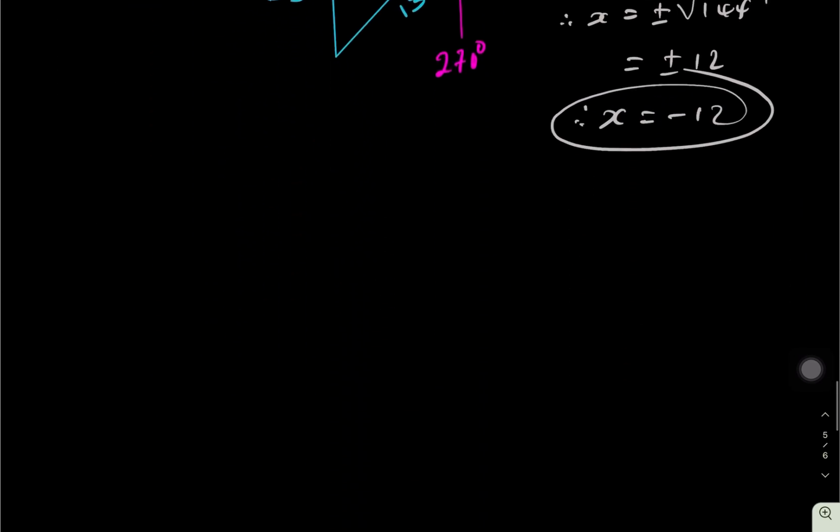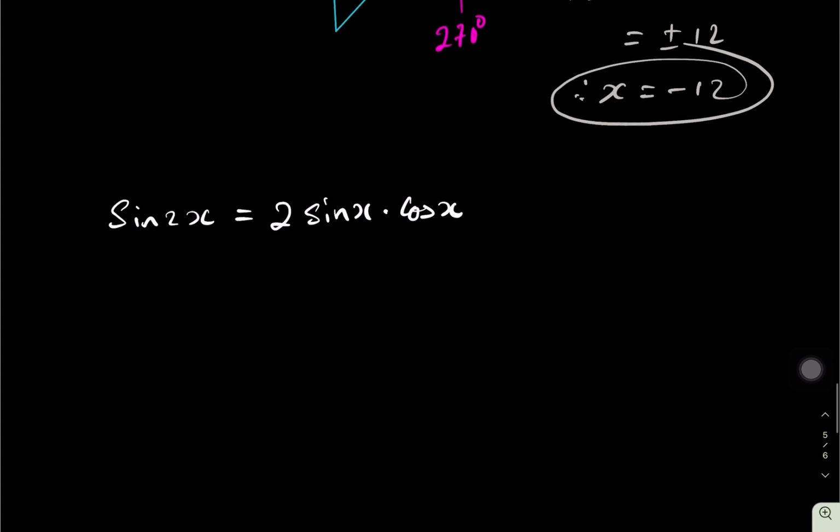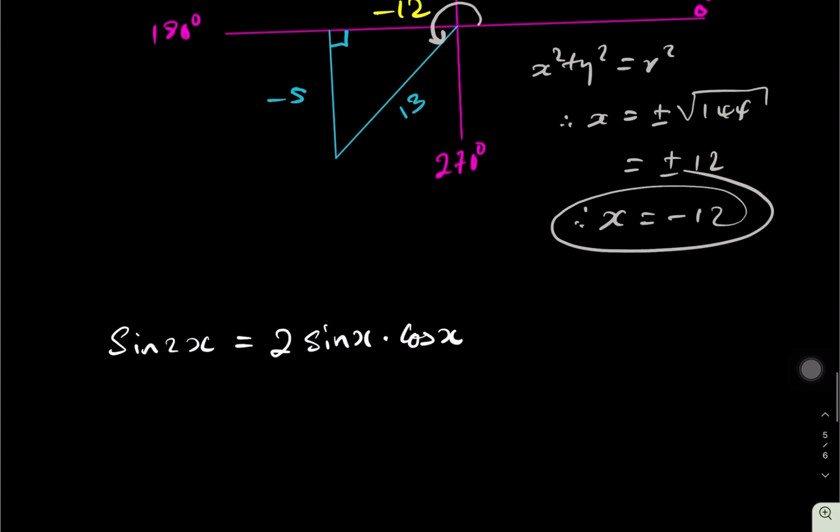So sine 2x is basically content of grade 12. Okay, so sine 2x is a double angle identity, which is going to be 2 sine x multiplied by cos x. So everything is there in our diagram. 2 sine x. What is sine x in the diagram? It's basically what we had before. That's minus 5 over 13 multiplied by cos. What is cos?